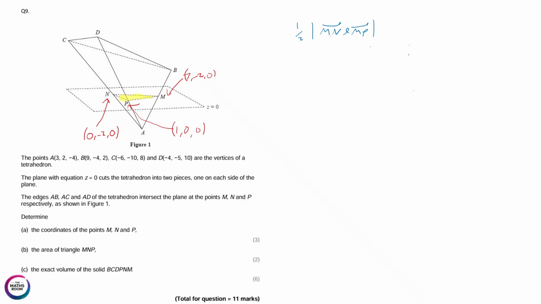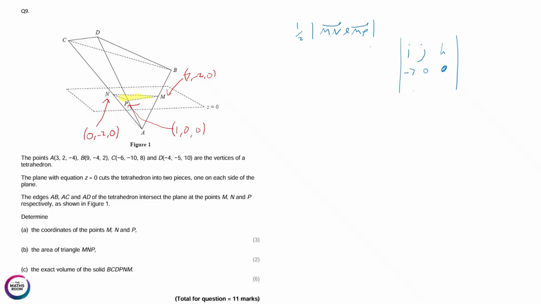Right, so cross product of MN and MP. So MN is N minus M. So it's going to be minus 7, 0, and 0. We like zeros, makes it very easy.